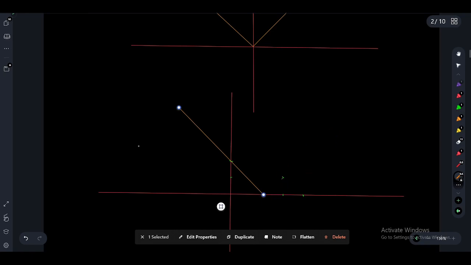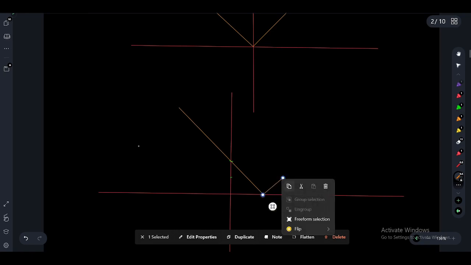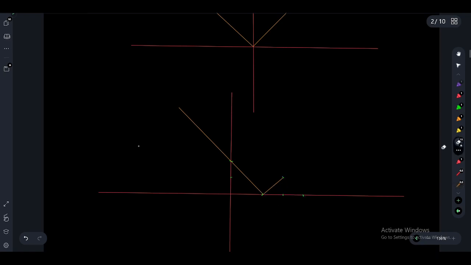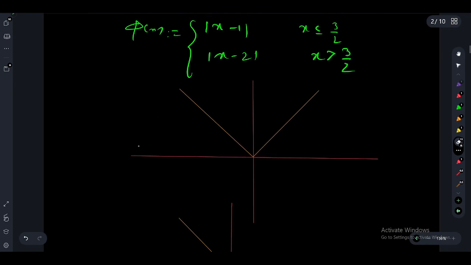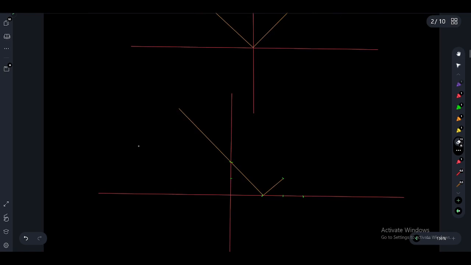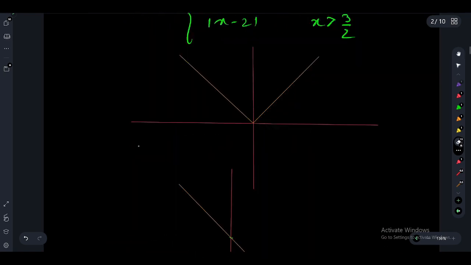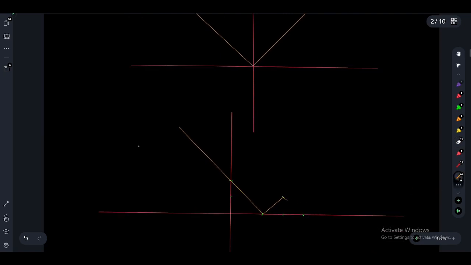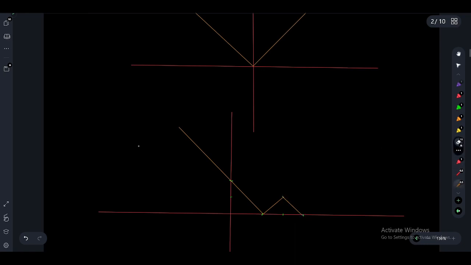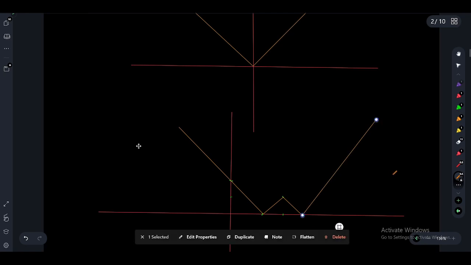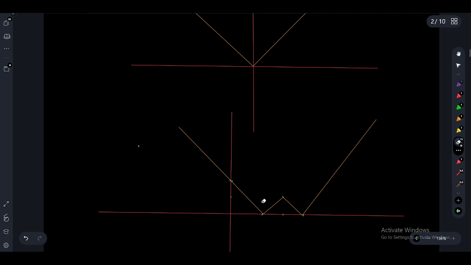Note that we have sketched the graph of |x minus 1| by shifting the graph of |x| to the right by 1, and we also restricted the domain to x less than or equal to 3/2. In a similar way, we can sketch the graph of |x minus 2| for x greater than or equal to 3/2, and the graph should look like this, like a W. This is how the graph of phi(x) looks.